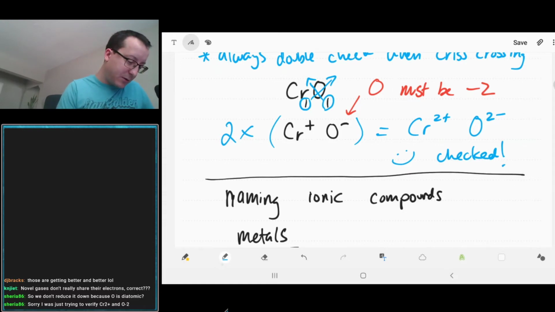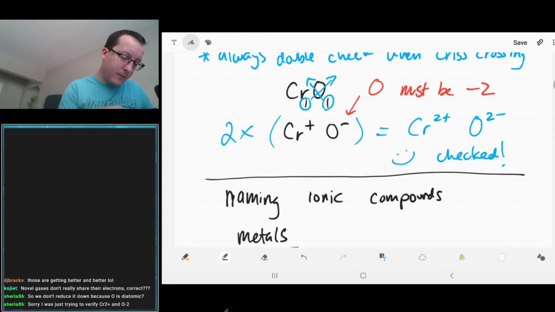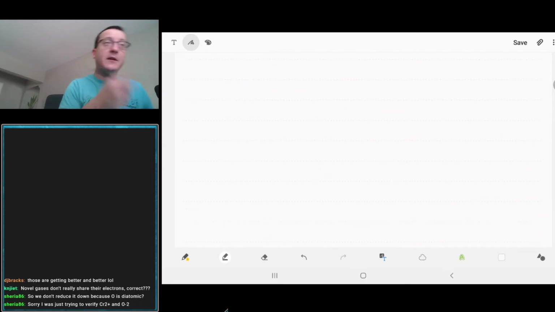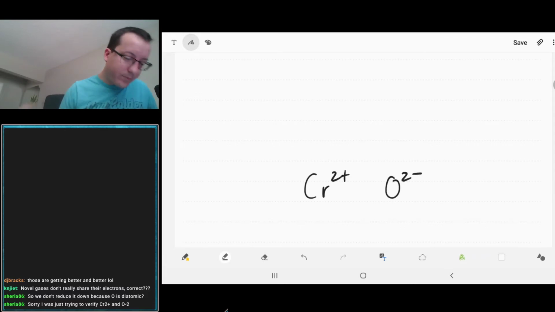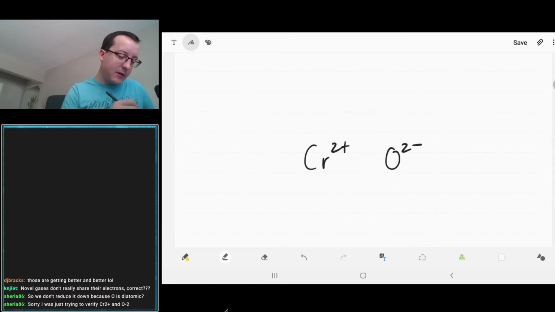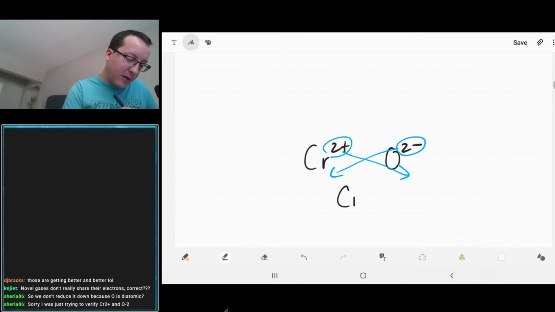If we were to put these together, sorry, I'll just do it down here and I'll erase it. If we're putting these guys together and you crisscross, you should get the same compound that you started with.